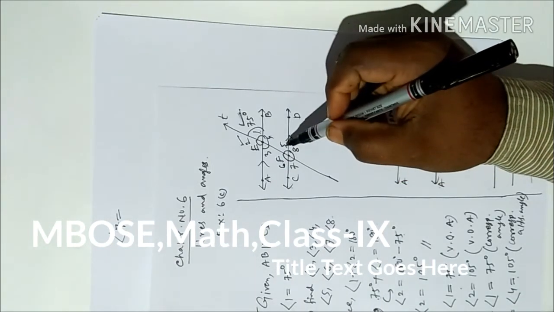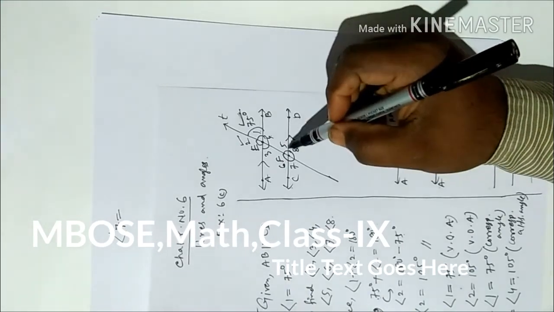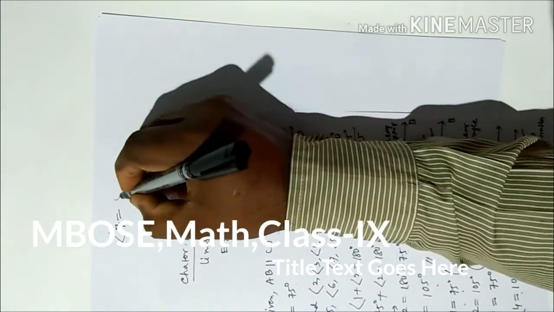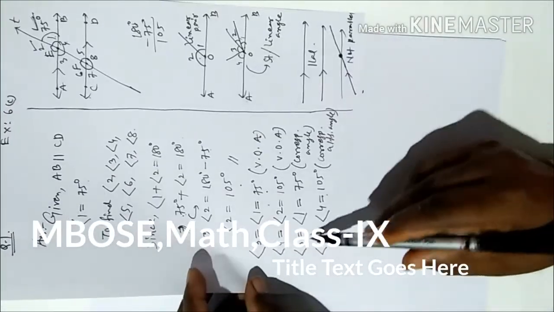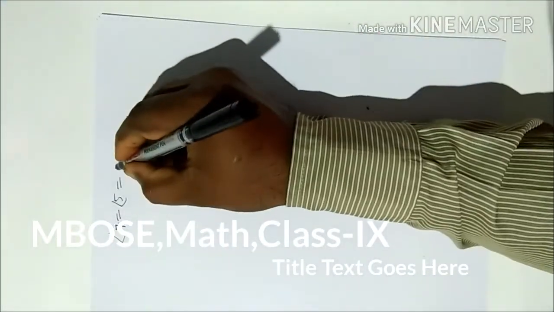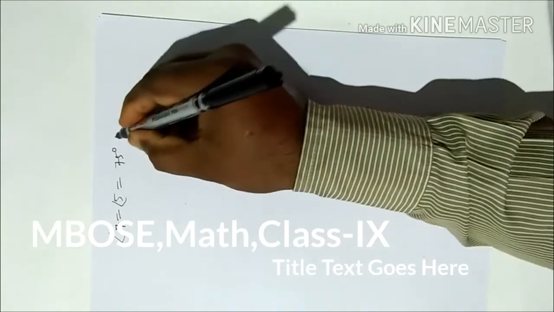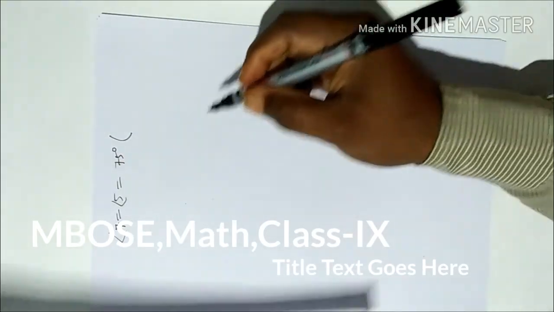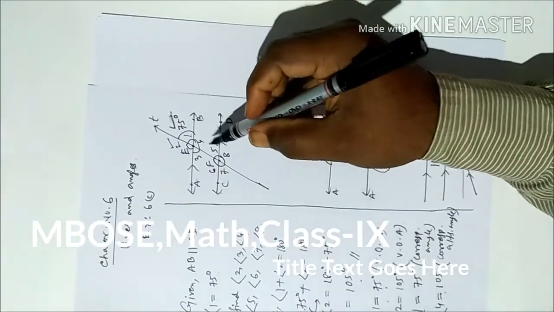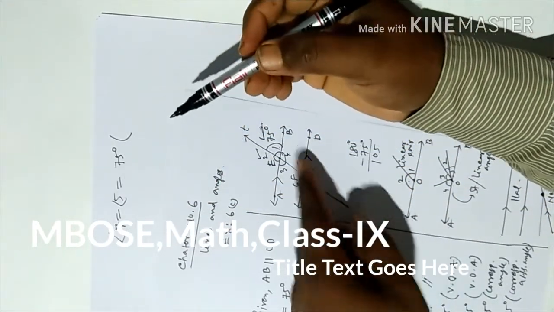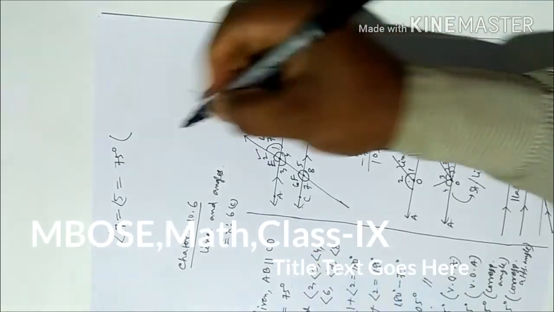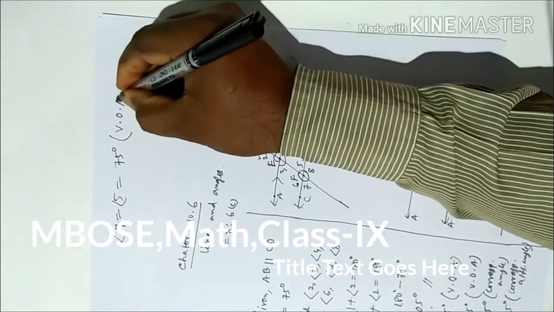So you can write 7 equals 5. Just now you got 75 for 5, so you get 75 here. From the diagram, 7 equals 5, what do we call it? We call this vertically opposite angle.